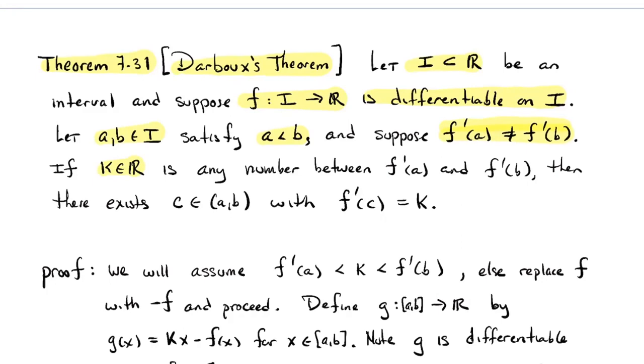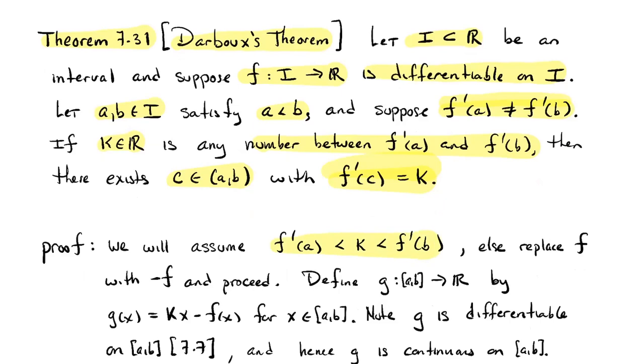If you take a number k that's between them, so k is a number between f prime of a and f prime of b, then there's some number between a and b where f prime will hit the value k. All right, so that just is a sort of expanded version of saying that f prime has to have the intermediate value property.